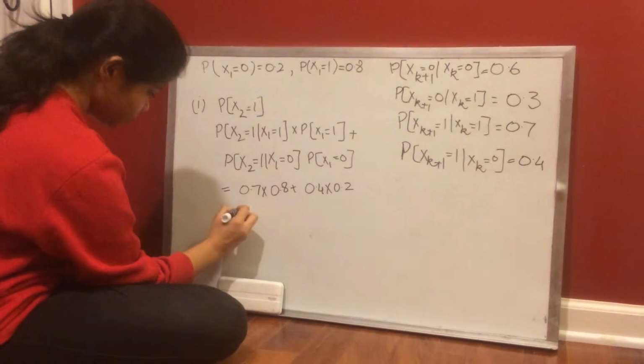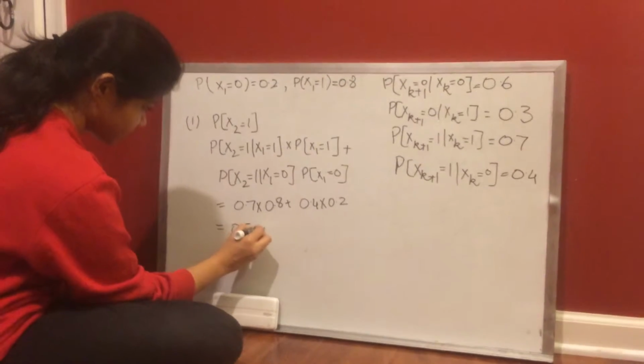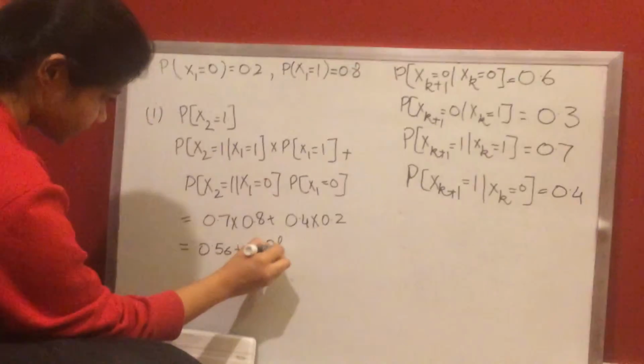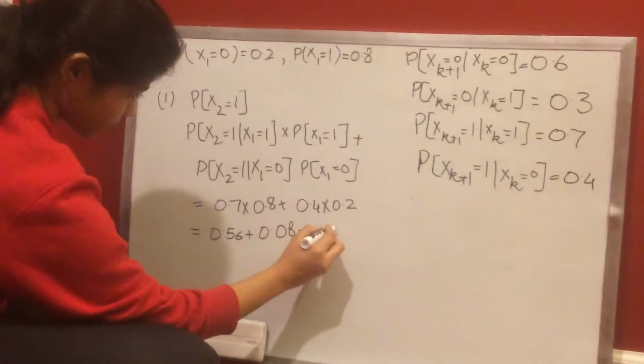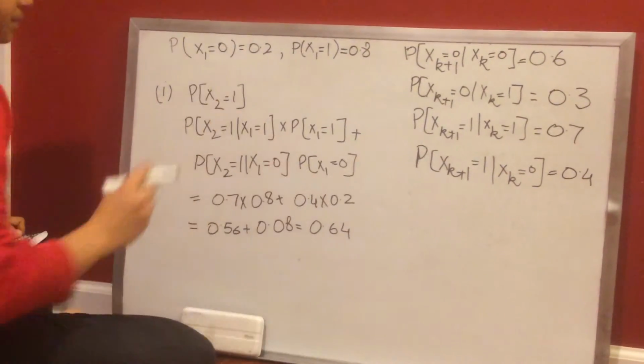Now this is equal to 0.56 plus 0.08, which is equal to 0.64.